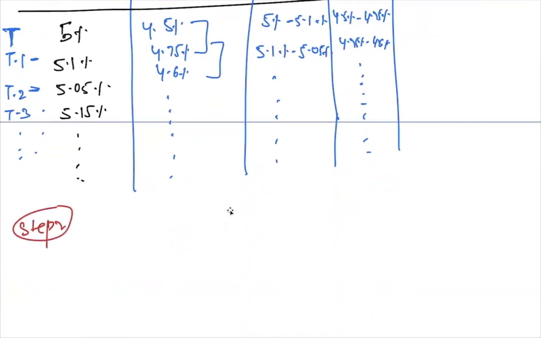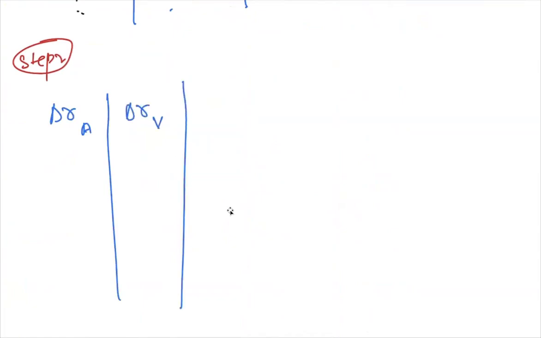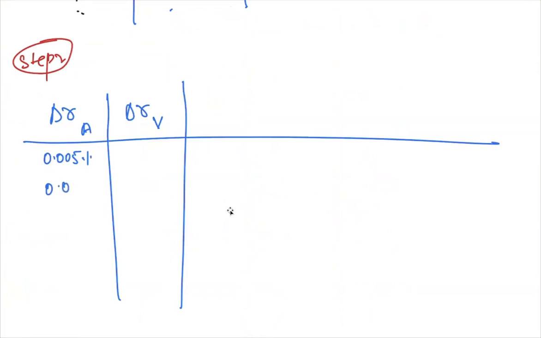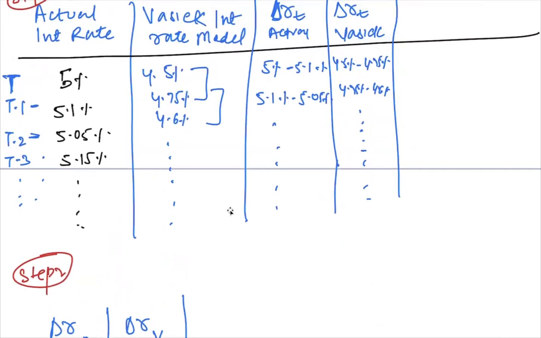Step two is what? So now we have gotten the change in interest rate actual, and the change in interest rate using the Vasicek model, right? Let's say 0.005%. I'm just giving some random examples: 0.0025%, 0.004%, and let's say this is 0.01%, 0.002%, 0.005%.